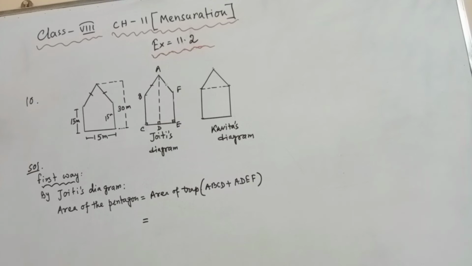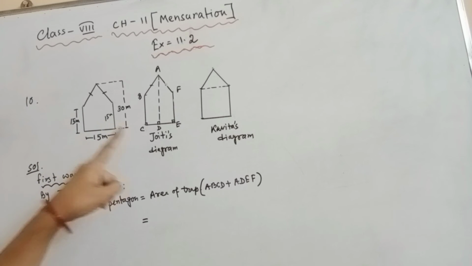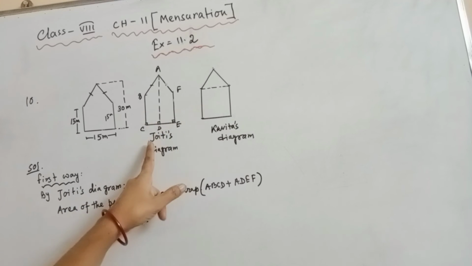Now question number 10. There is a pentagonal shaped park as shown in the figure. For finding its area, Jyoti and Kavita divided it in two different ways.